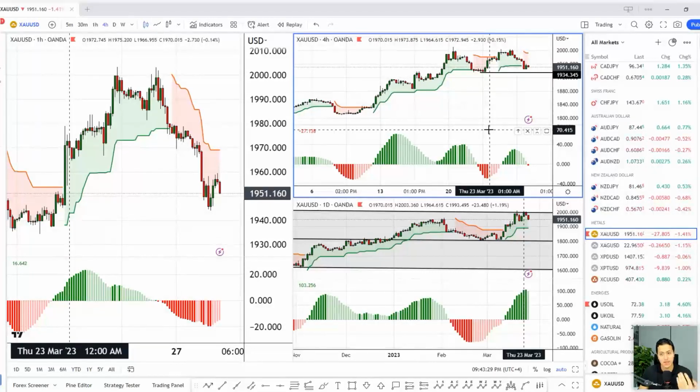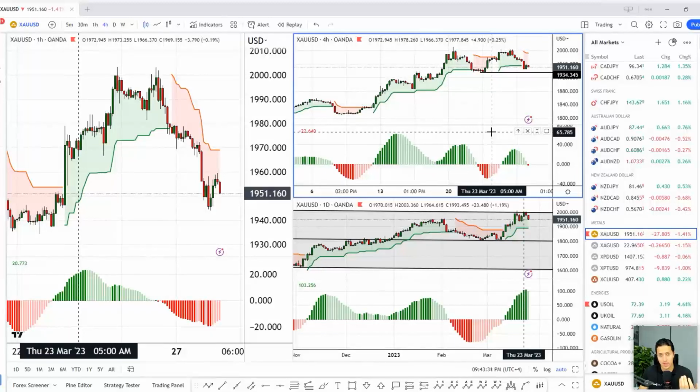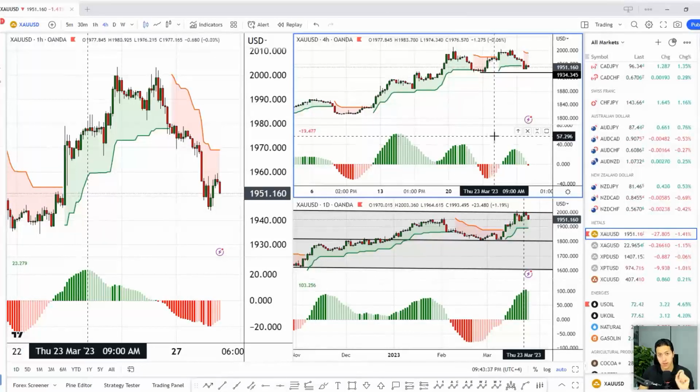What I want to say is, if you're trading technical analysis on gold, make sure that you stick to your stop loss. Make sure that you don't risk more than you can afford to lose, because things can go wrong when trading gold on the short and the medium time frame.